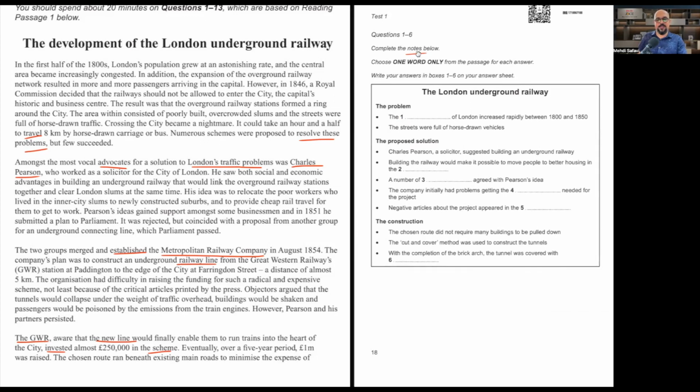But because this is a note completion task, we can still start with this, because this also has a very interesting quality. Note completion tasks, even though they're not necessarily in order, are still found in one certain area. For example, as you can see, we have many titles there. So probably this is one paragraph, this is another paragraph, and this is another paragraph.